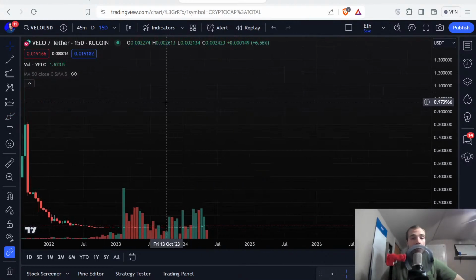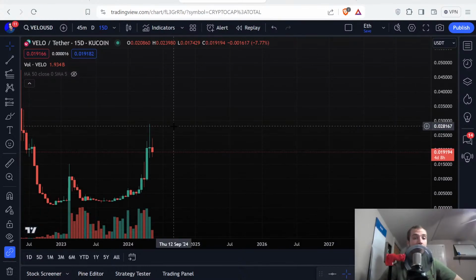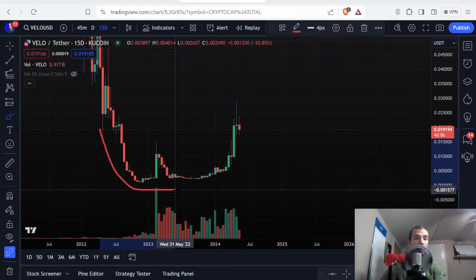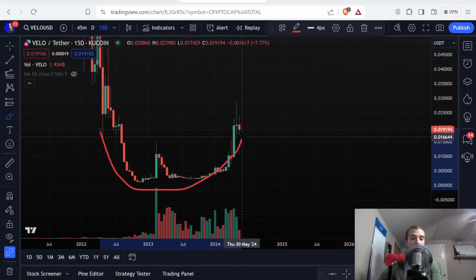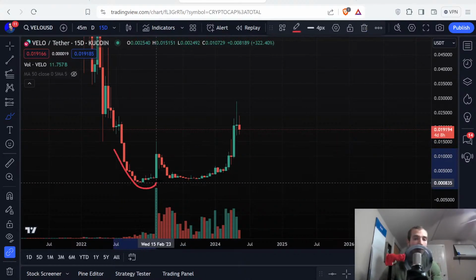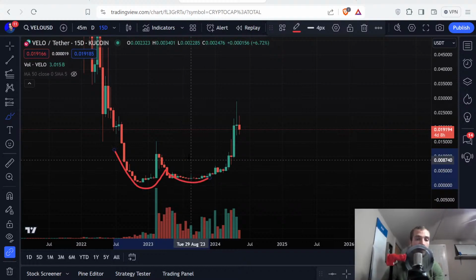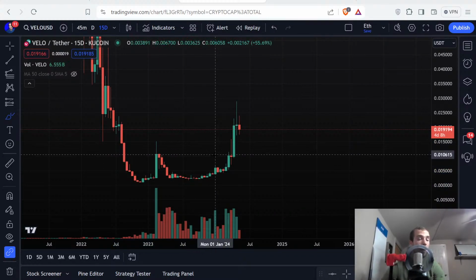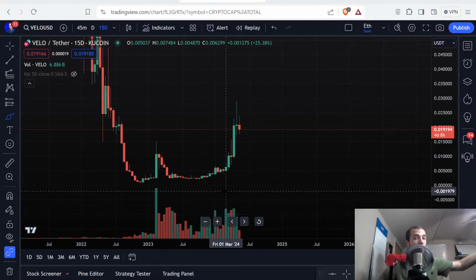So you guys can see here that we have an increase in volume and an increase in price. And we have a rounded bottom down here too. Look at that. It's a rounded bottom, but it's also a double bottom. So Velo is a great example of increasing volume and increasing price.